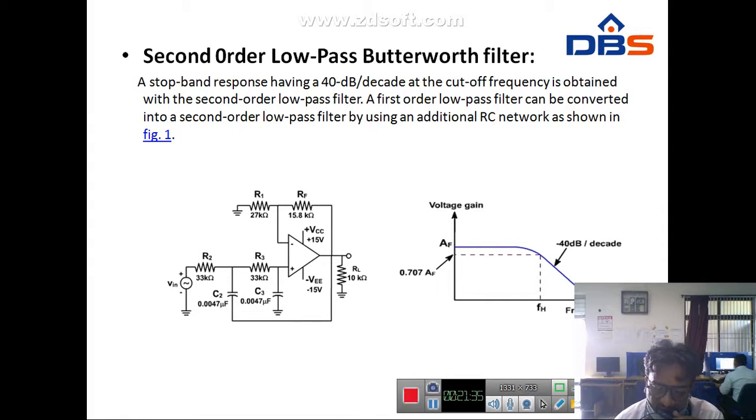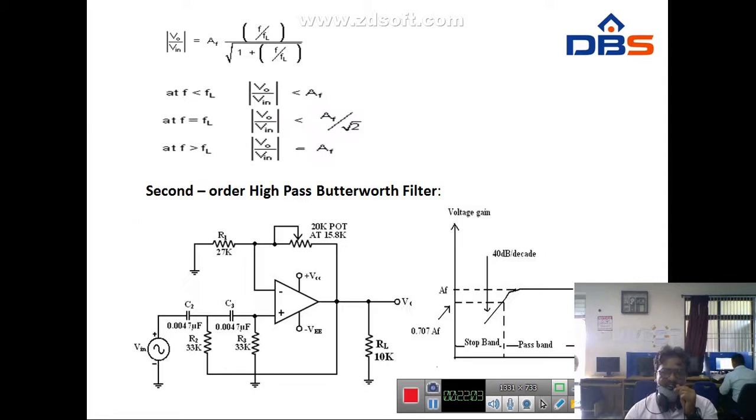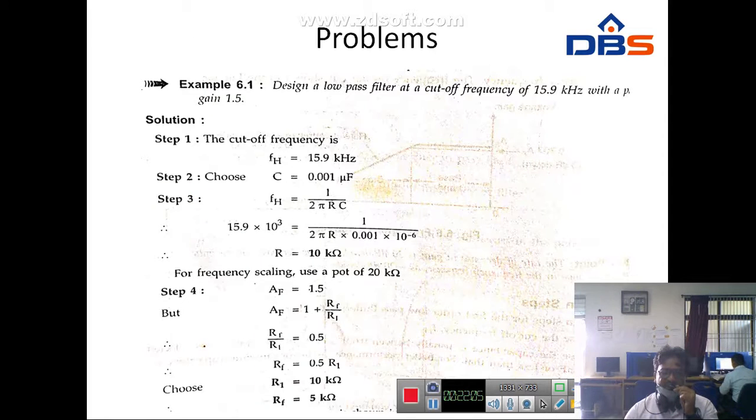Based on that we calculate the value of R using the formula R is equal to 1 by 2 pi FhC. Finally we select the values of R1 and RF depending on the desired pass band gain, that is AF is equal to 1 plus RF by R1. This is the procedure we use for the second order low pass Butterworth filter.